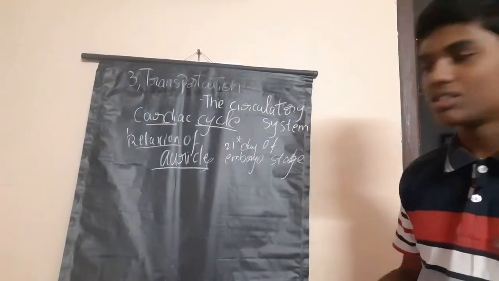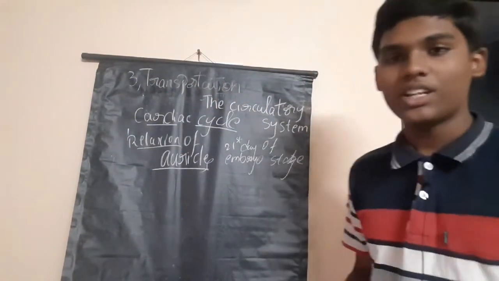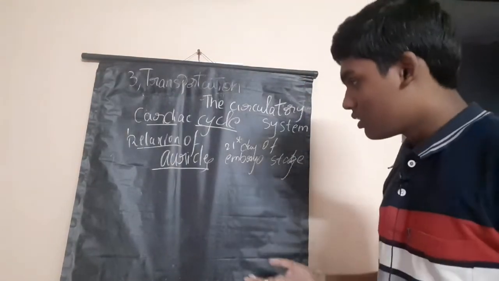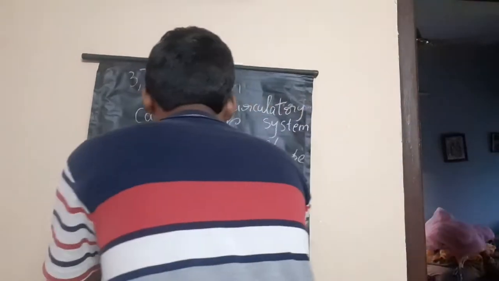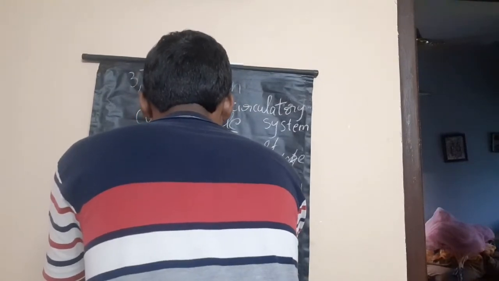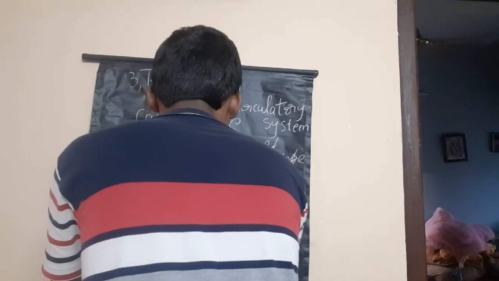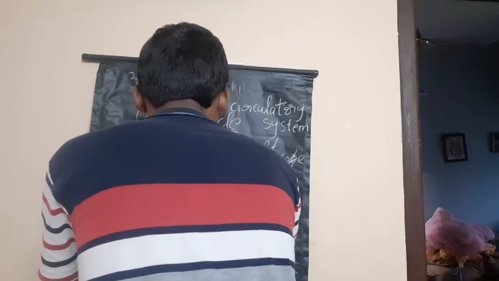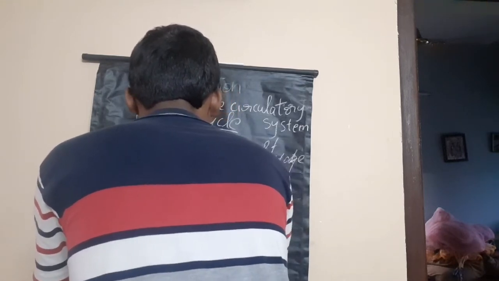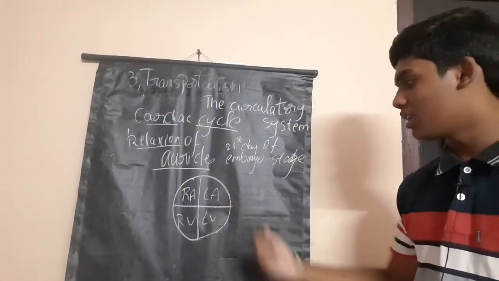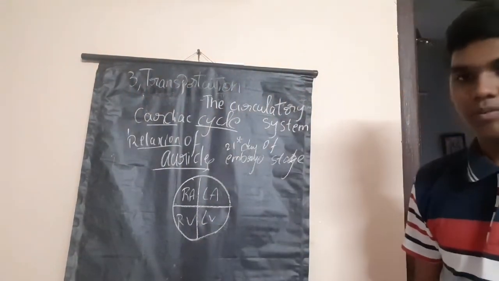What is meant by relaxation of auricles? We have 4 chambers in the heart: right auricle, left auricle, right ventricle, left ventricle.